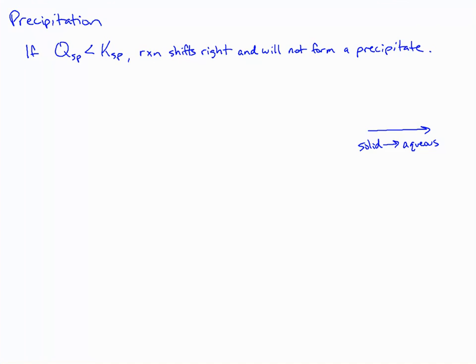Now here's how I generally think about Q and K. I like to put it in terms of a number line. So here's a number line, and it goes on and on. So here's 0, here's 1, here's 2, and it goes on infinitely in either direction.